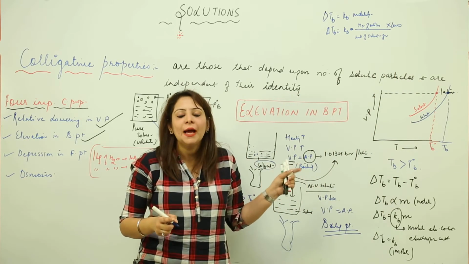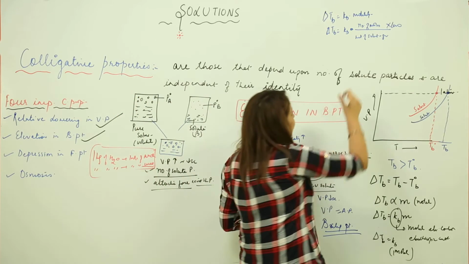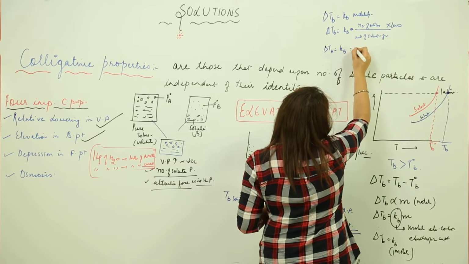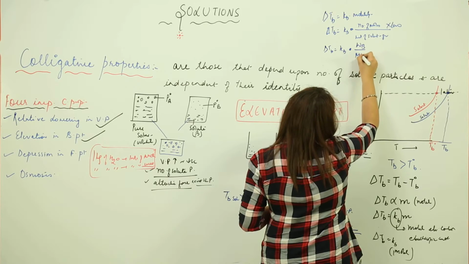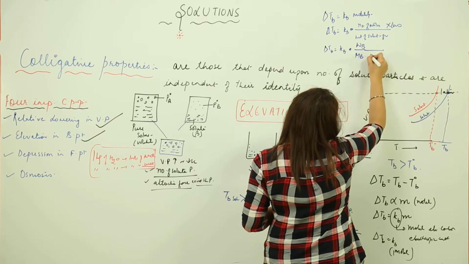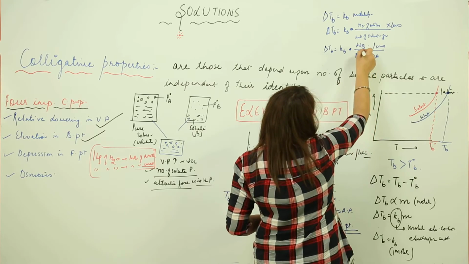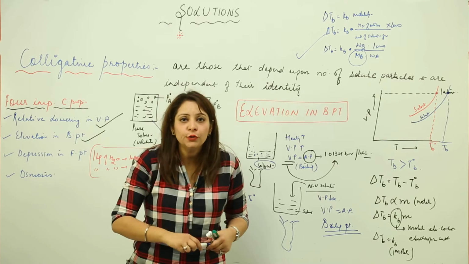Here I am using grams, so that is why I have multiplied the numerator by 1000. Now I can write the number of moles as Wb upon Mb. The weight of solvent is already here, and the 1000 is already here. So by using this expression I can calculate the molar mass of the solute if I wish to.